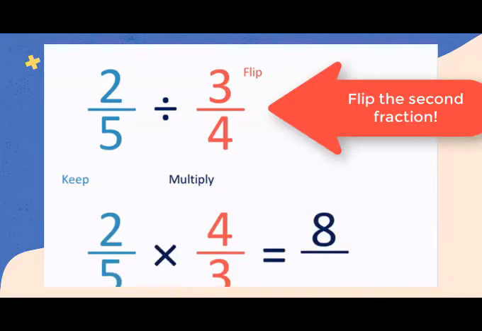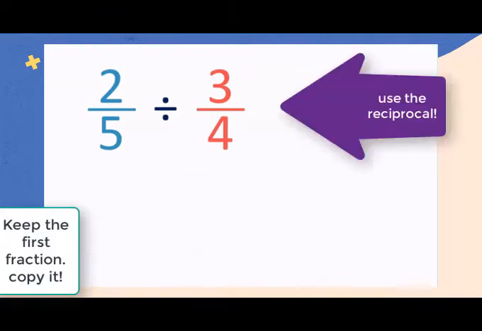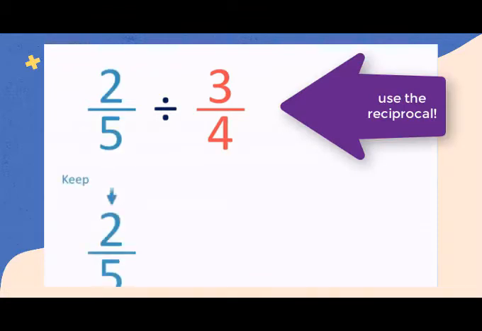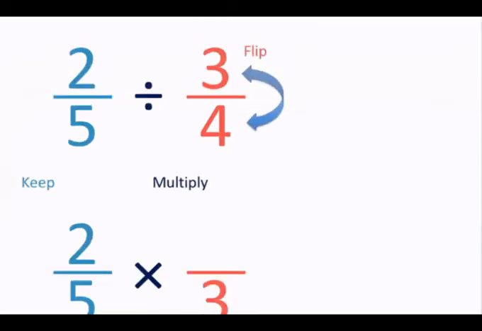The first step is we keep the first fraction the same. Then we turn the division sign into multiplication. We flip the fraction we are dividing by. In this case, 2/5 divided by 3/4 becomes 2/5 times 4/3.